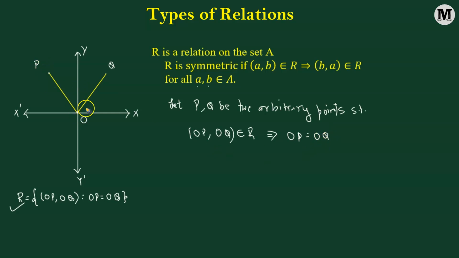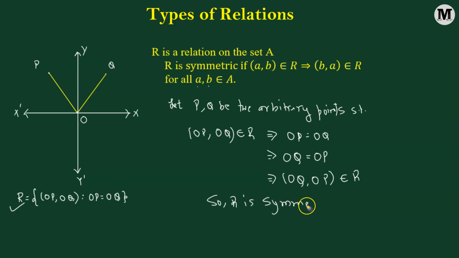We're saying that the length OP equals the length OQ. Now, we can also say that OQ equals OP. In other words, if OP equals OQ, then OQ must also equal OP. That means the ordered pair (OQ, OP) must belong to the relation R. Now this satisfies the criterion of the relation being symmetric. So our given relation R is symmetric.